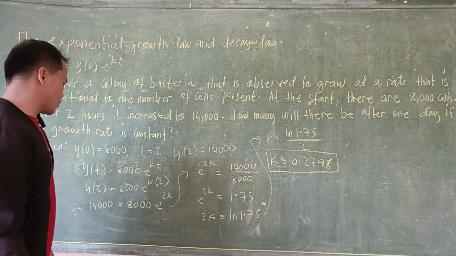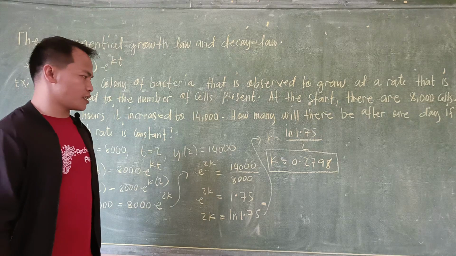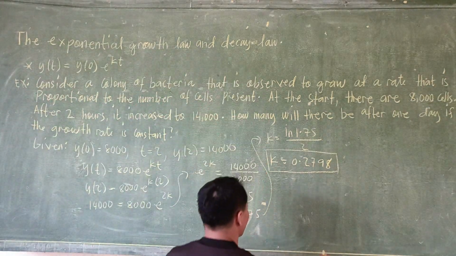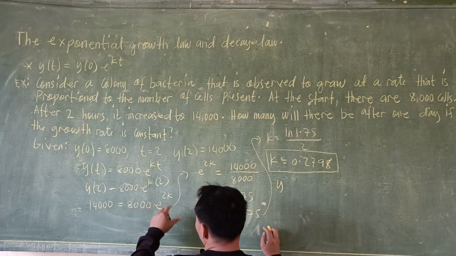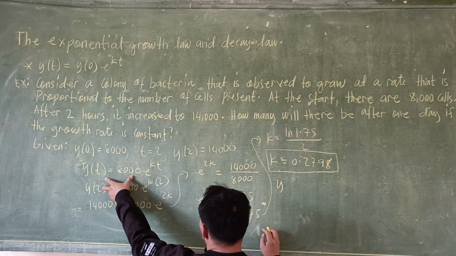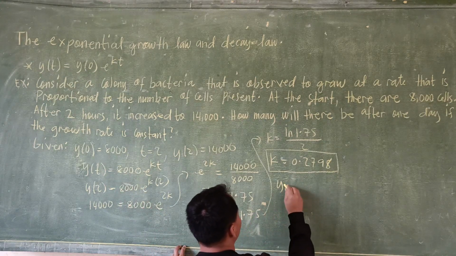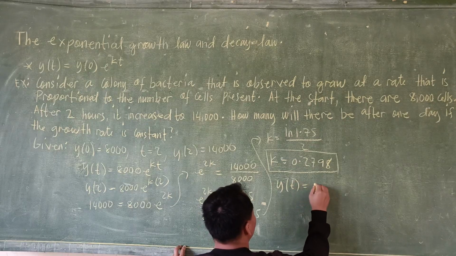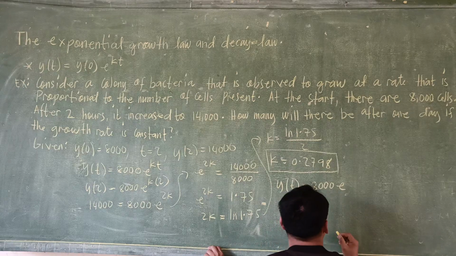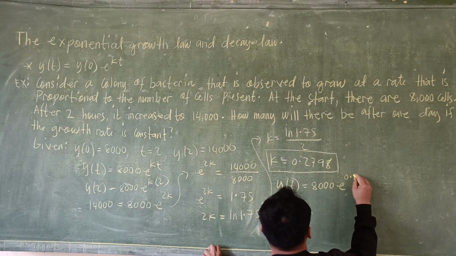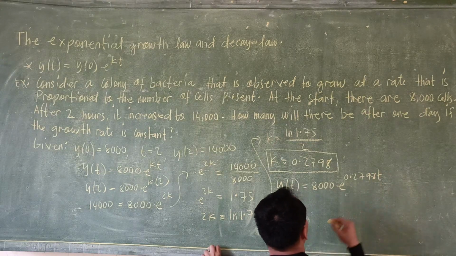Now we can solve for the number of cells after 1 day, which is 24 hours. We write first our general function, y of t is equal to 8,000 times e to the power of 0.2798 times t.